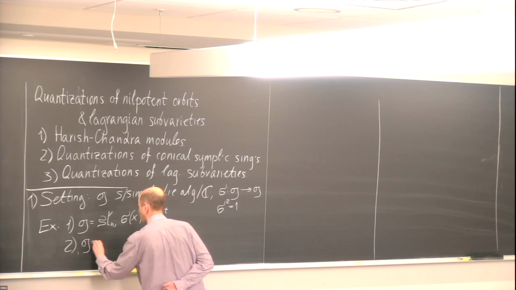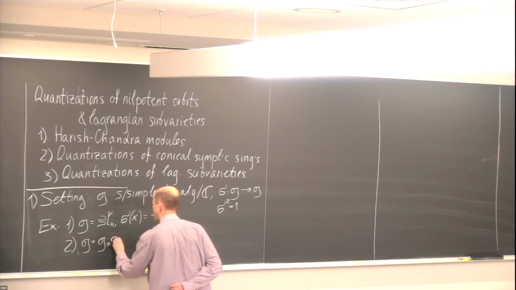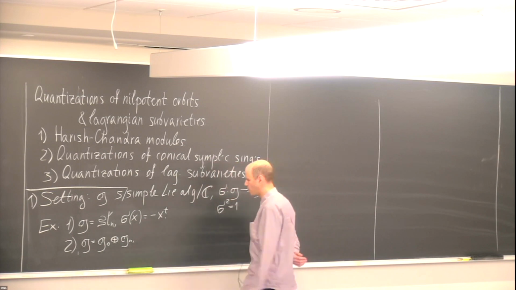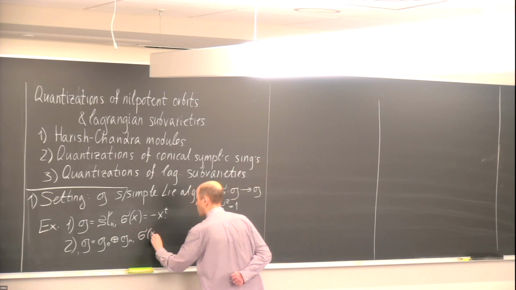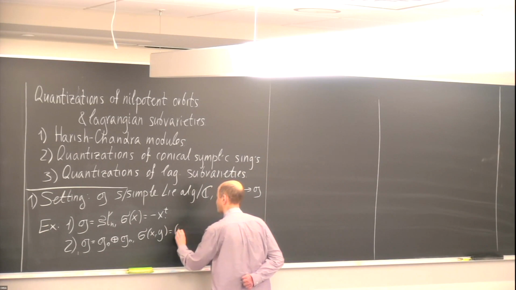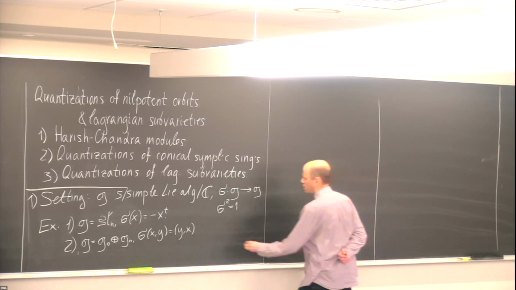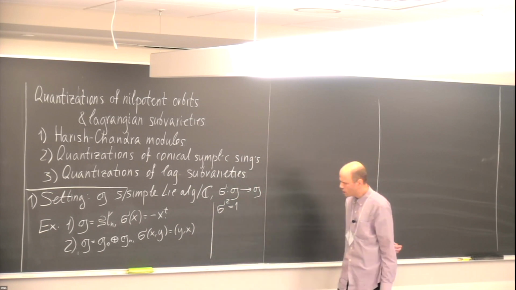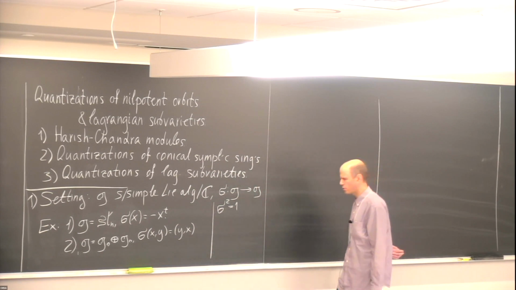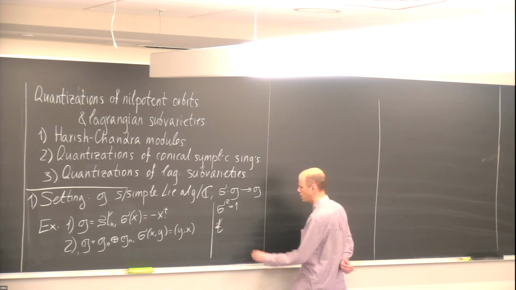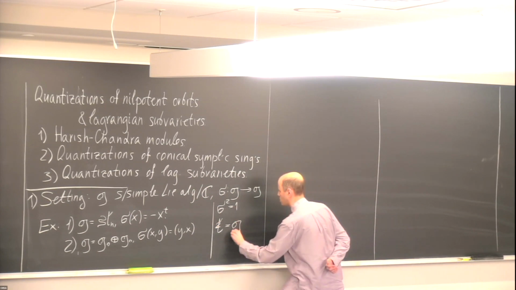G to be the direct sum of two copies of the same algebra, and then I can take sigma to be the permutation of the two factors. And what we care about in this setting is the fixed point locus of this involution sigma. The fancy letter, German K, is going to be the fixed point locus.